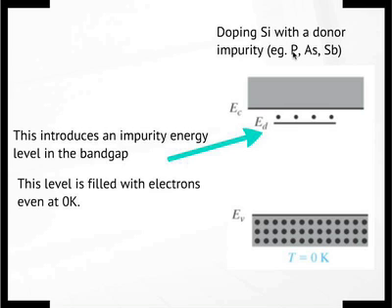In an energy space picture, the way to think about this is that the impurity introduces an extra energy level within the band gap. Remember, the band gap represents the forbidden energy level. There are no energy levels there, so nothing can exist there. But when you add an impurity, you add an energy level there, okay, as shown by ED. This level is filled with electrons at 0 Kelvin.